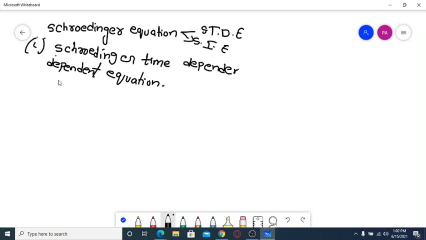So what we have to do is start with the consideration part. Let us consider the particle, and we start with the solution of the Schrodinger time dependent equation first.